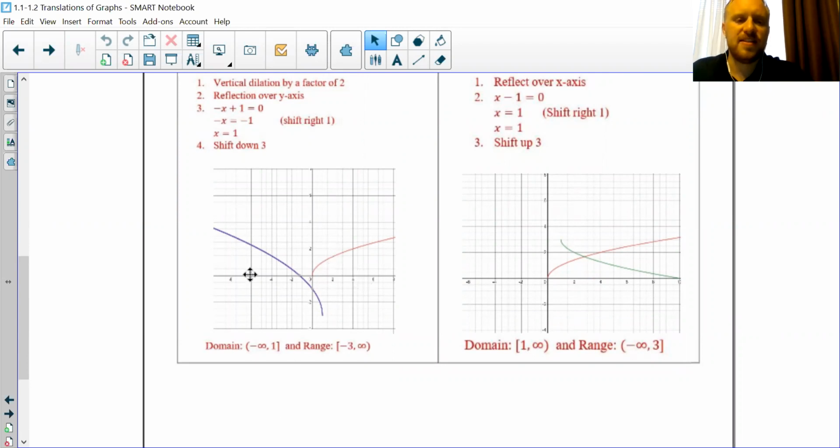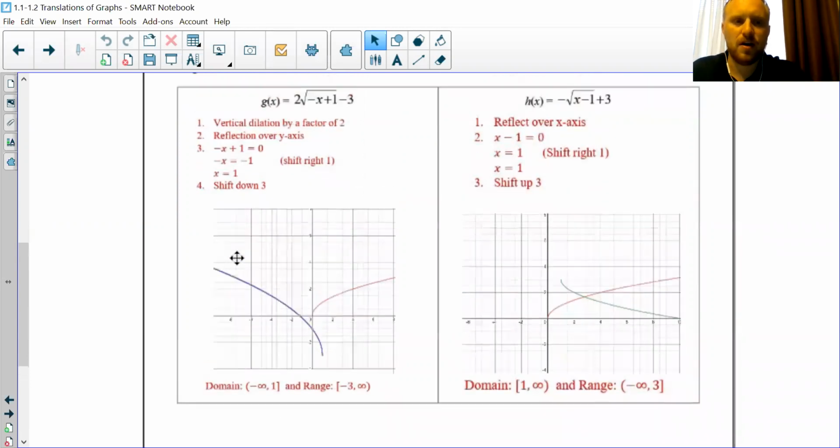So you'll notice that on this graph here of g of x, it's going on forever to the left direction. It's going into negative infinity. It's going to the left forever. So it goes to negative infinity. But then it stops at this x value here, this x value being positive 1. So the domain is every x value from negative infinity to positive 1.